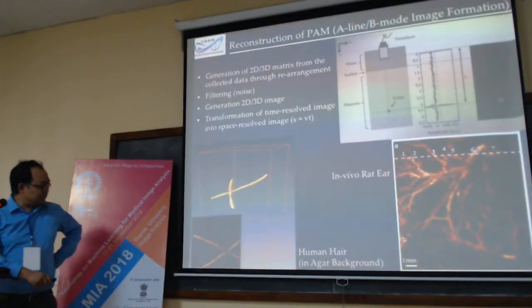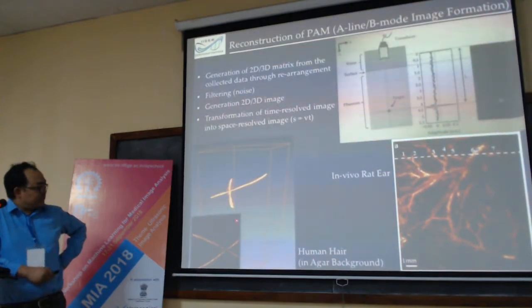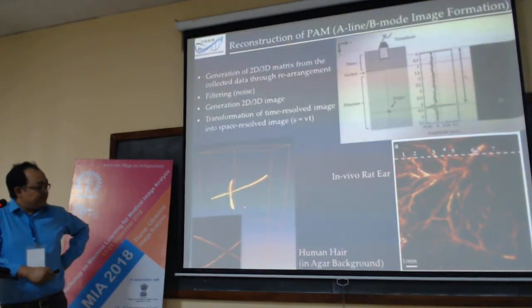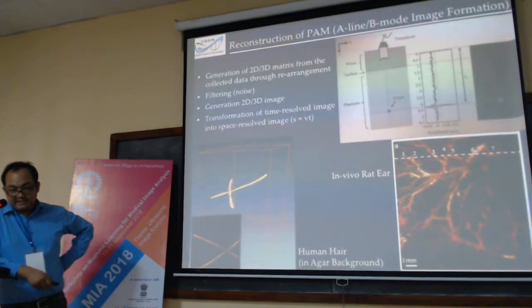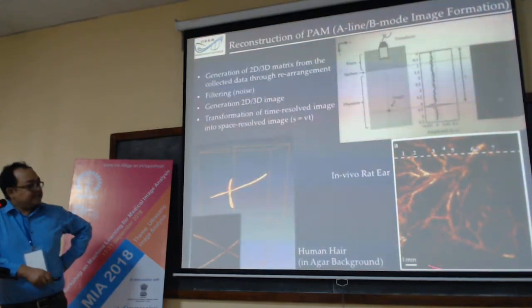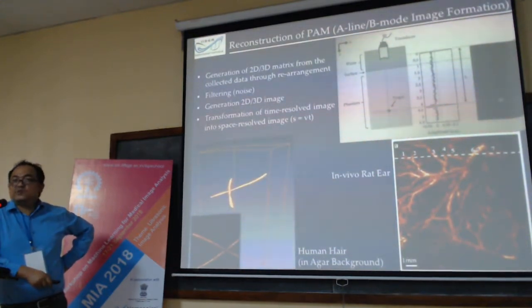Yeah, these are some of the typical images that we did. This is for the human ear. I think this may be my ear, and this is the image of the rat. So it gives the structures of the targets. In other words, these are the mapping of the distributions of the optical absorption coefficients.